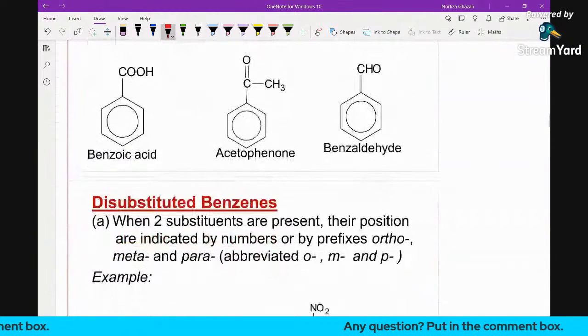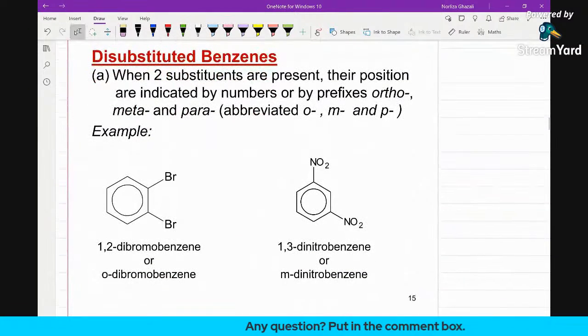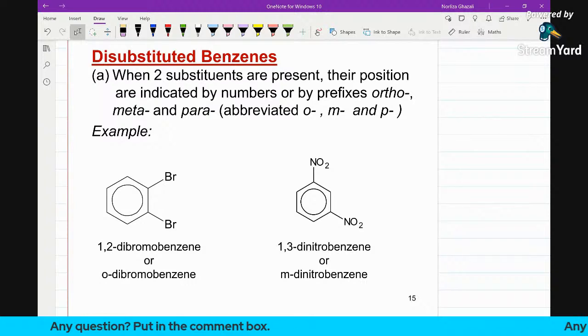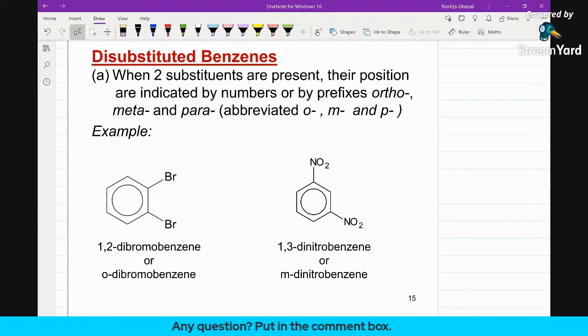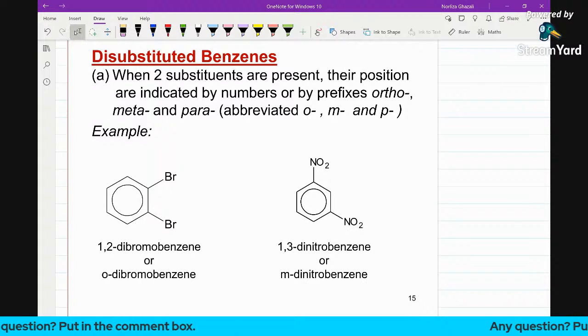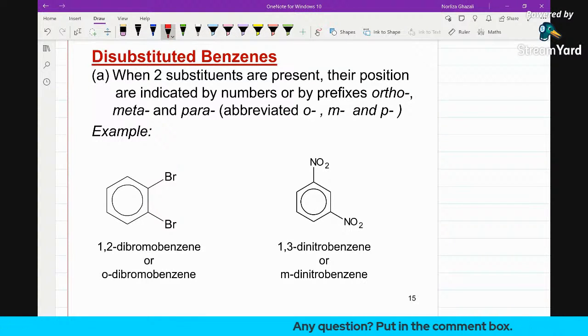All right. Then, very interesting in benzene, instead of using numbers, we also can replace them by letters, that is O for ortho, M for meta, and P for para.